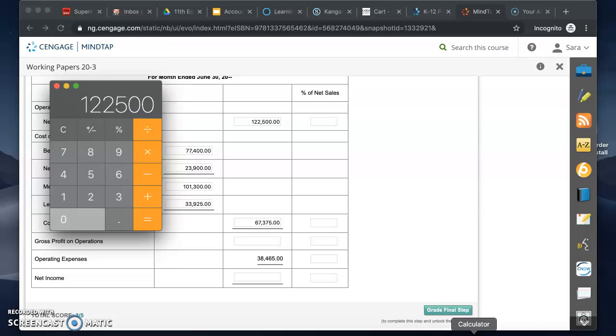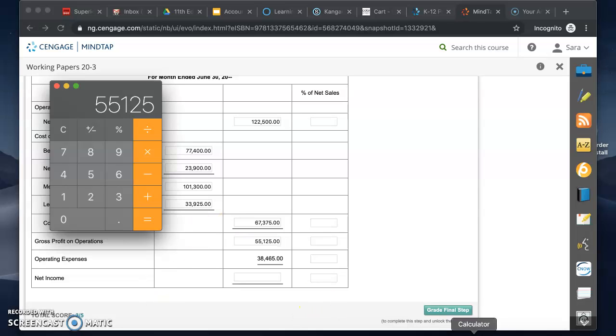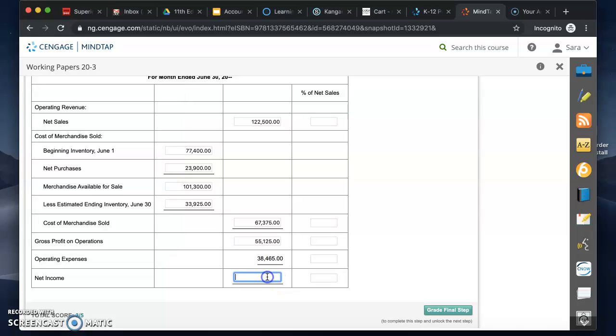So 122,500 minus 67,375, which gets us 55,125. And then lastly, we have our operating expense that we are going to subtract out from that number. And so our net income is 16,660.